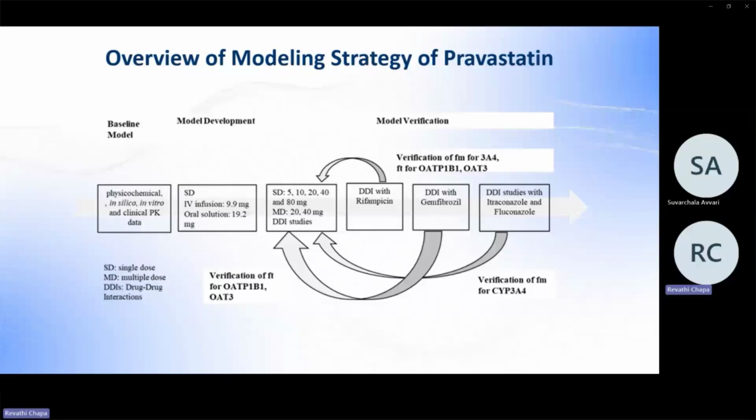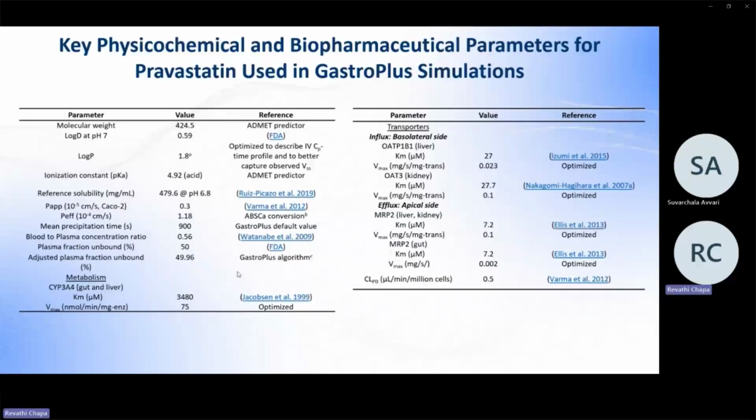So we use the same inhibition constants to see if we can reproduce the DDI with pravastatin. It's a continuous validation process that we do across the compounds. So here are again the physicochemical, biopharmaceutical, and ADME processes that we incorporated.